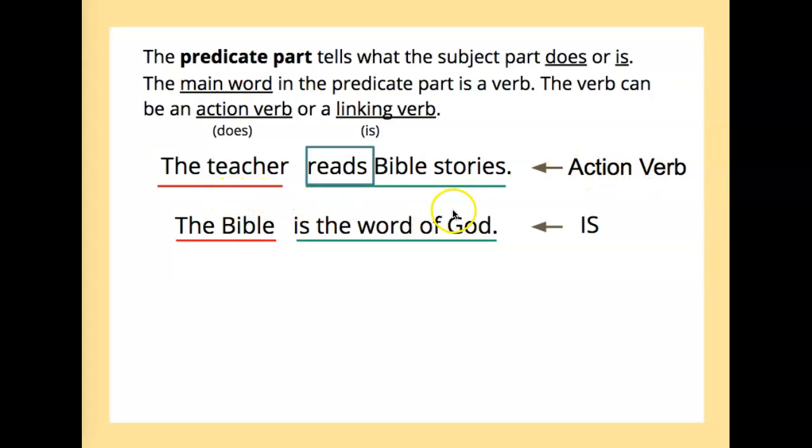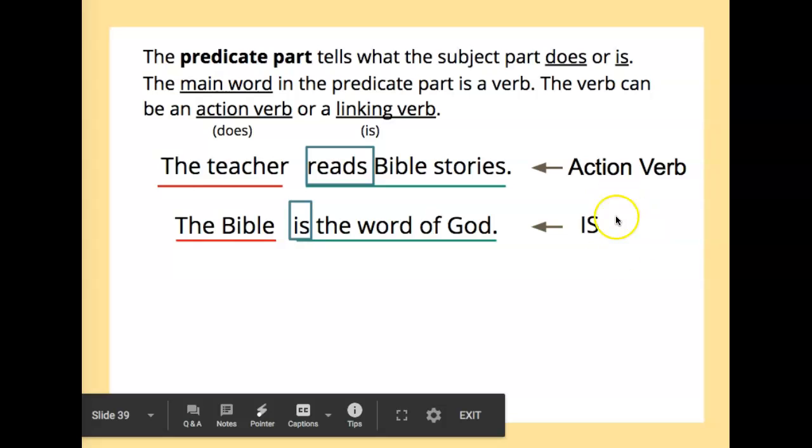Then what's the main word in the second sentence predicate part? The main word is the verb is. Is this an action verb or linking verb? It is a linking verb because linking verbs tell what the subject is.